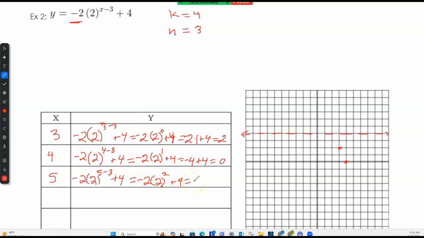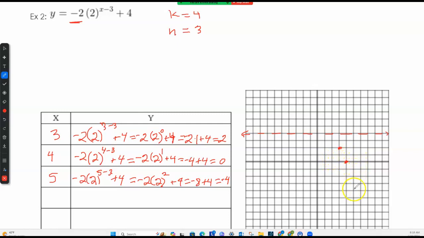All right. 2 squared is 4. 4 times negative 2 is negative 8 plus 4 equals negative 4. All right, 5, negative 4. 1, 2, 3, 4, 5.